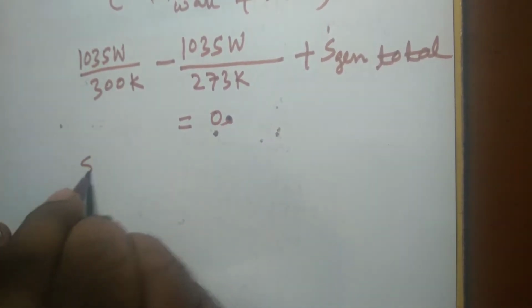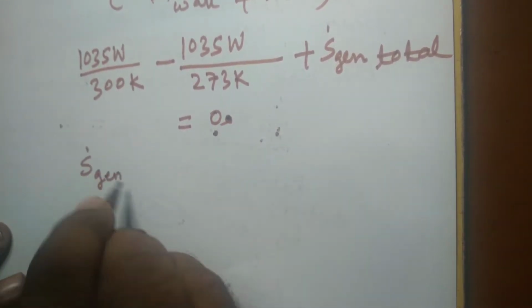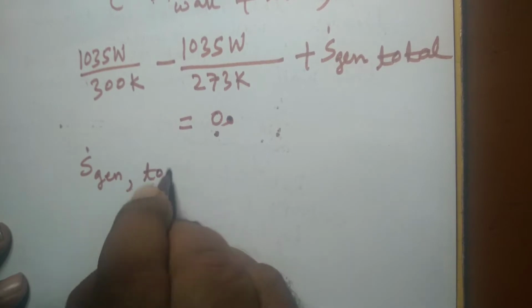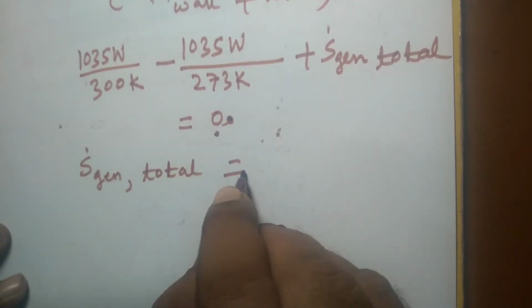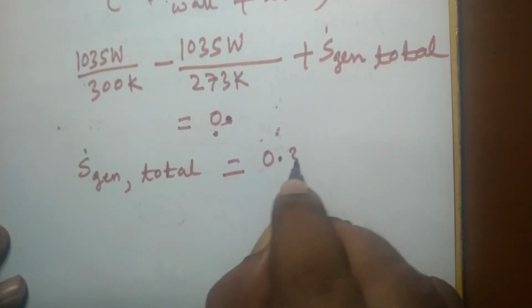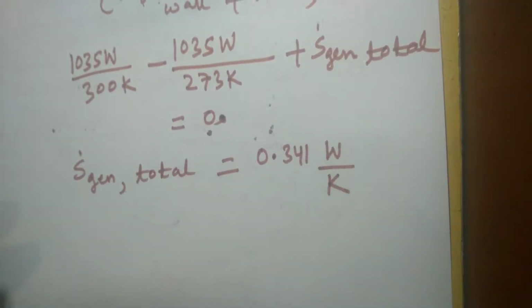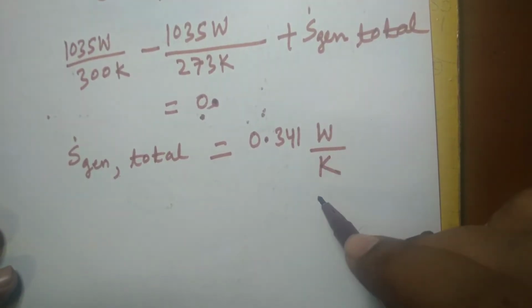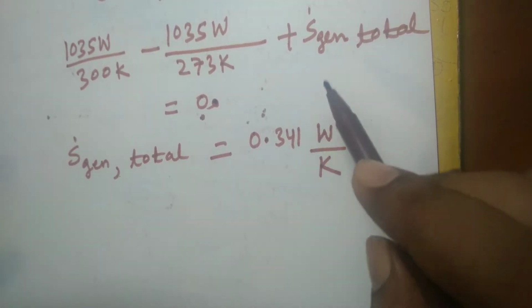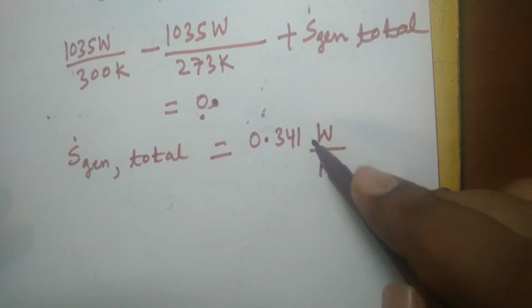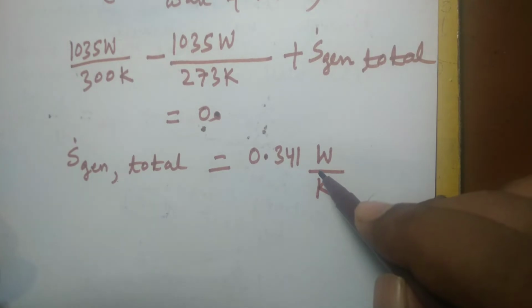On equating this, rate of total entropy generation will be 0.341 watt per Kelvin. It is definitely higher than 0.191. This is 0.341 watt per Kelvin, and when we calculated, entropy generation within the wall was 0.191.